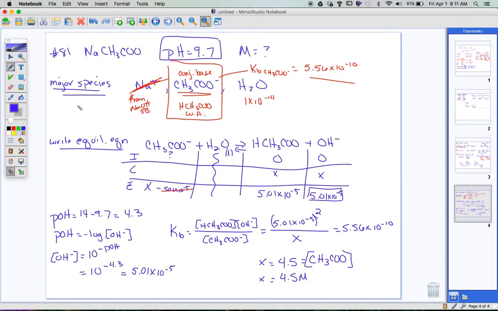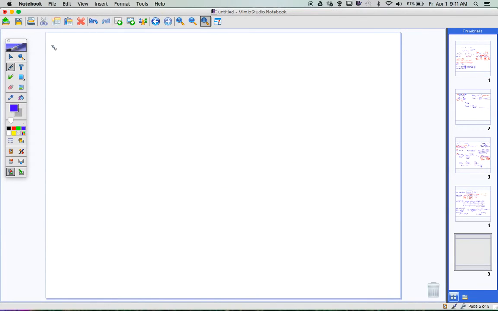Now let's go the other way. This is number 79. And this question asks you to find the OH minus concentration and the pH of several solutions.